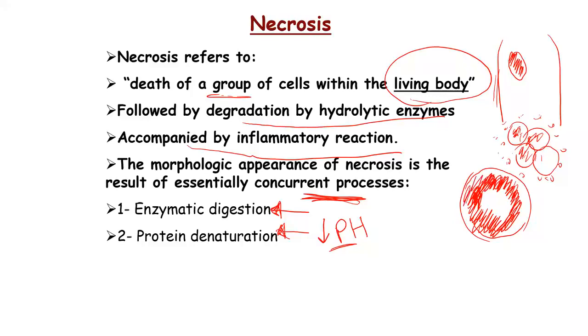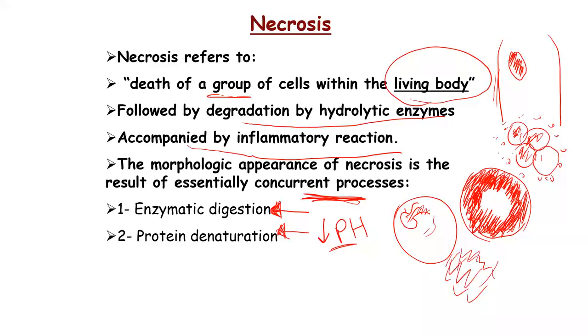The marked and rapid decrease in pH of the cytoplasm due to lactic acid release from anaerobic glycolysis leads to denaturation or coagulation of the proteins, including the enzymes, leading to hardening of the cell. Or we have predominant enzymatic digestion, in which the hydrolytic enzymes released from the lysosomes take the upper hand and start to digest the cell, so the cell becomes digested and liquid-like.